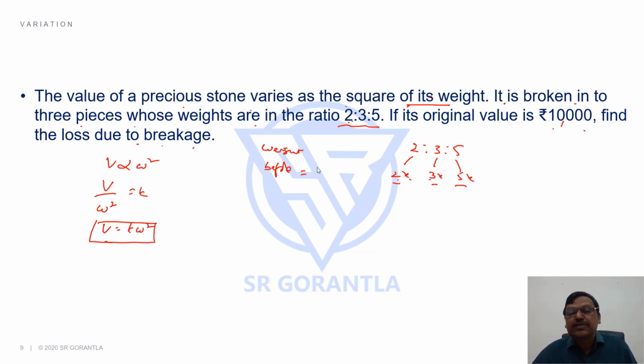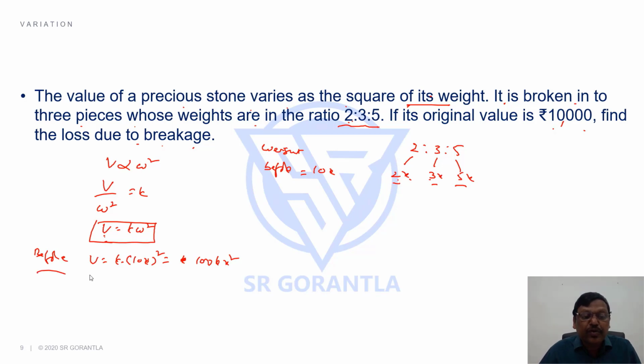So 2x plus 3x plus 5x is 10x. So the value before it is broken is K into W square. W is 10x. 10x whole square will be 100x square into K. It is 100kx square. This is the value before it is broken.